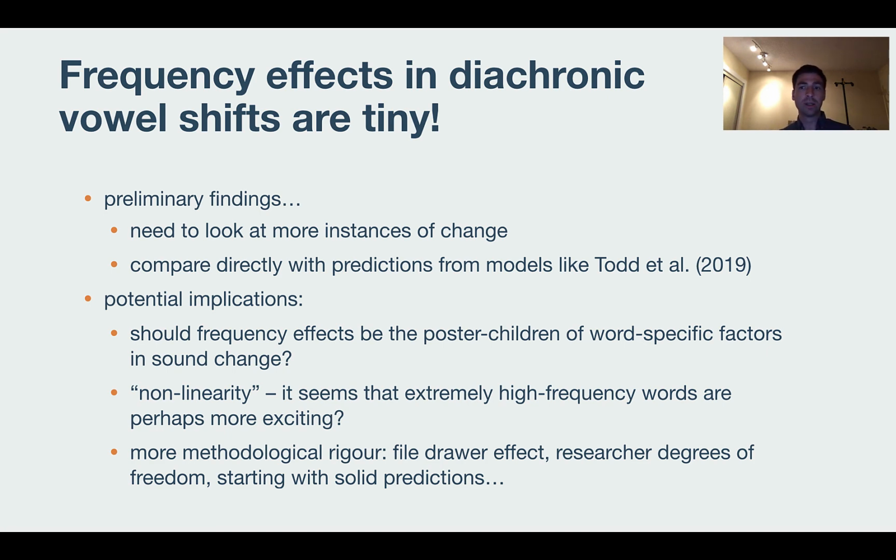So we shouldn't treat data exploration as if it was confirmatory hypothesis testing. And we should be starting with solid predictions and building our work on top of those solid predictions. We shouldn't just say, well, let's look for some kind of a frequency effect. We should actually try and derive what kind of effect we're looking for from a specific model.